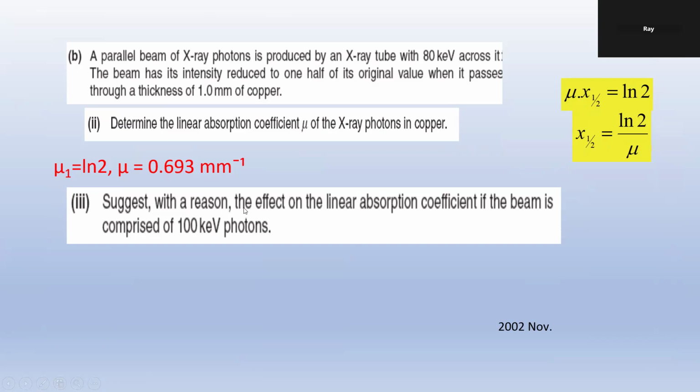Suggest with reason the effect on the linear absorption coefficient if the beam is comprised of 100 kilo electron volts instead of 80. Any comment for your answer?